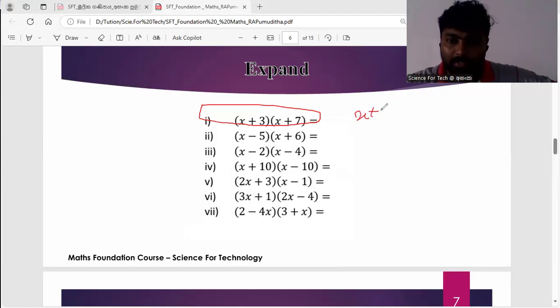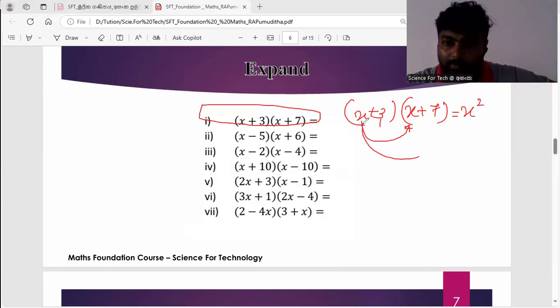Here it is x plus 3, here it is x plus 7. Then you have to multiply x by x, that means x squared. Then again x by 7, then plus 7x. Then 3 by x means plus 3x. Then 3 by 7 means plus 21. This is like this, simple.